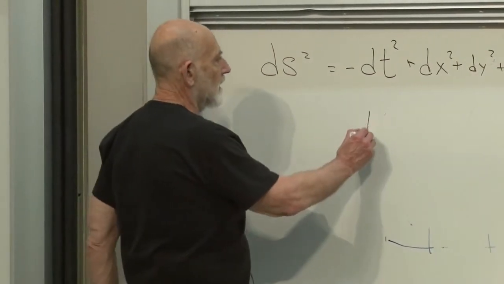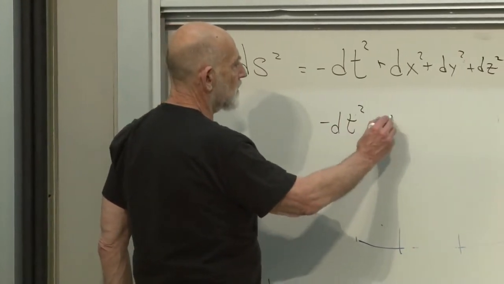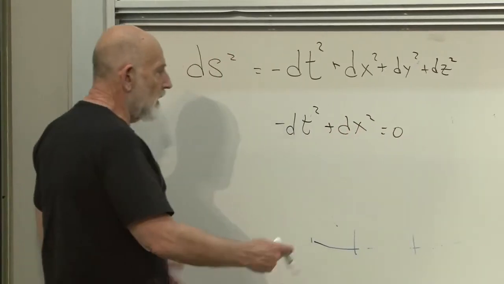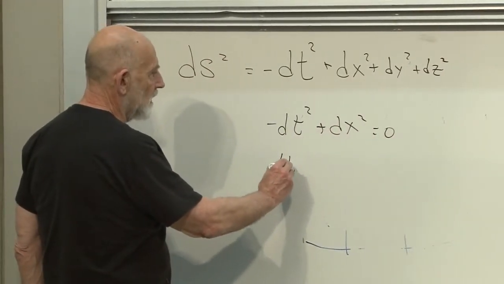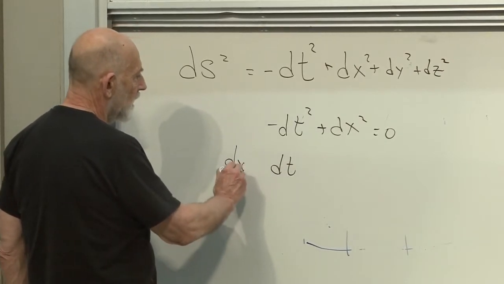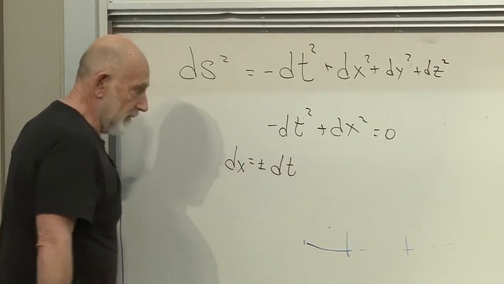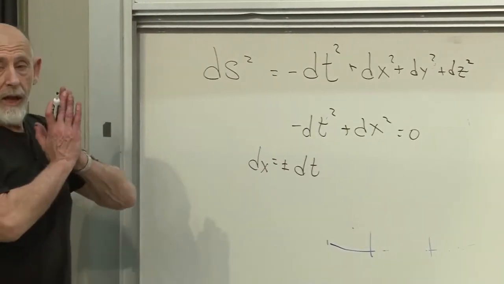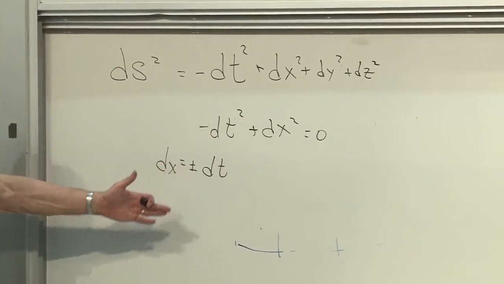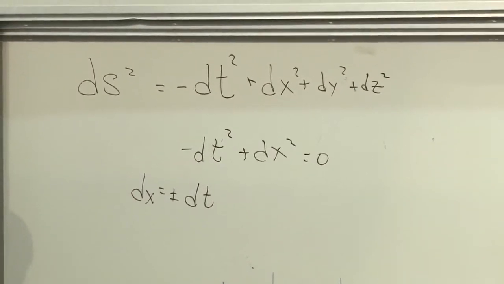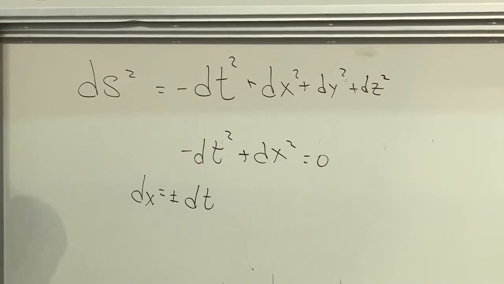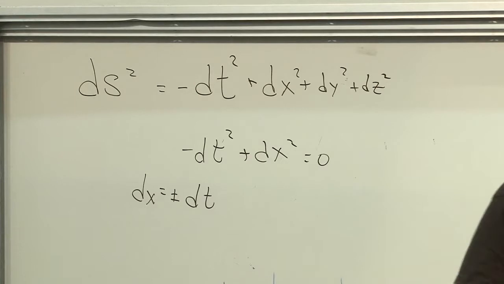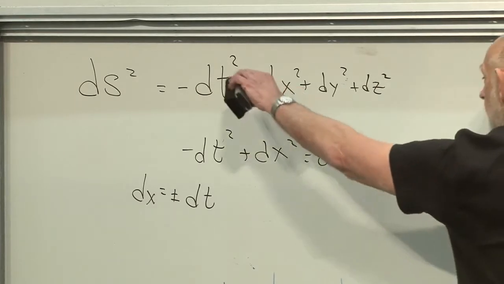It would say that minus dt squared plus dx squared along the trajectory is equal to 0, or just that dx equals plus or minus dt. That is just a light ray moving to the left with unit velocity or a light ray moving to the right with unit velocity. All right? So light rays are null rays, meaning null here, standing for ds equals 0.